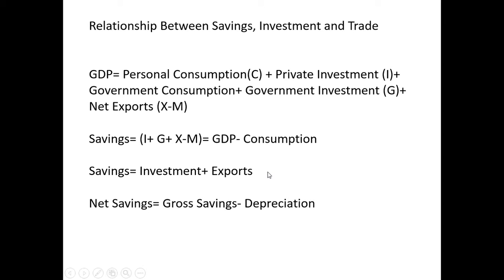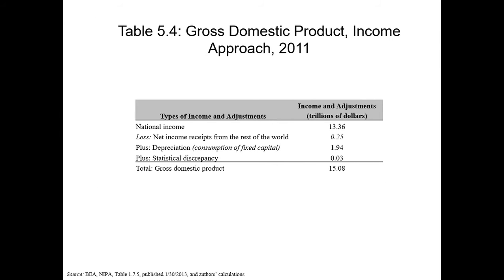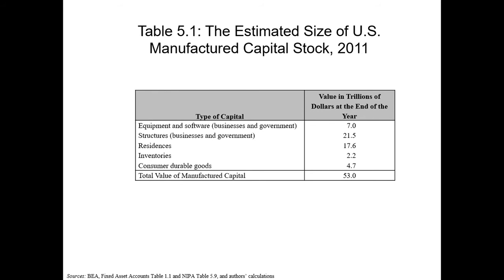And for that we have to go back to the idea of investment. There are broadly four or five categories of investment that we had already discussed, or rather the addition to the capital stock happens in this manner: the business and government can have equipment and software investment, and then structures and residences; these are the fixed capital additions.